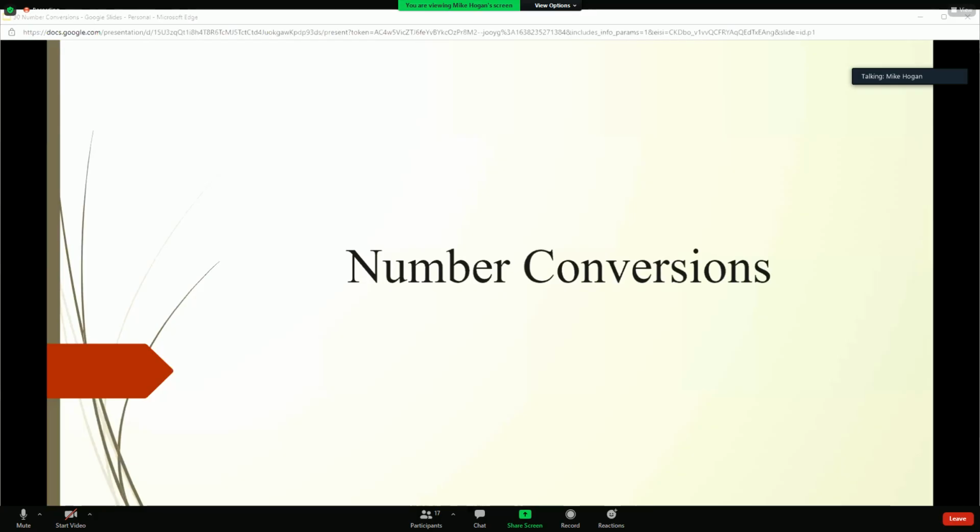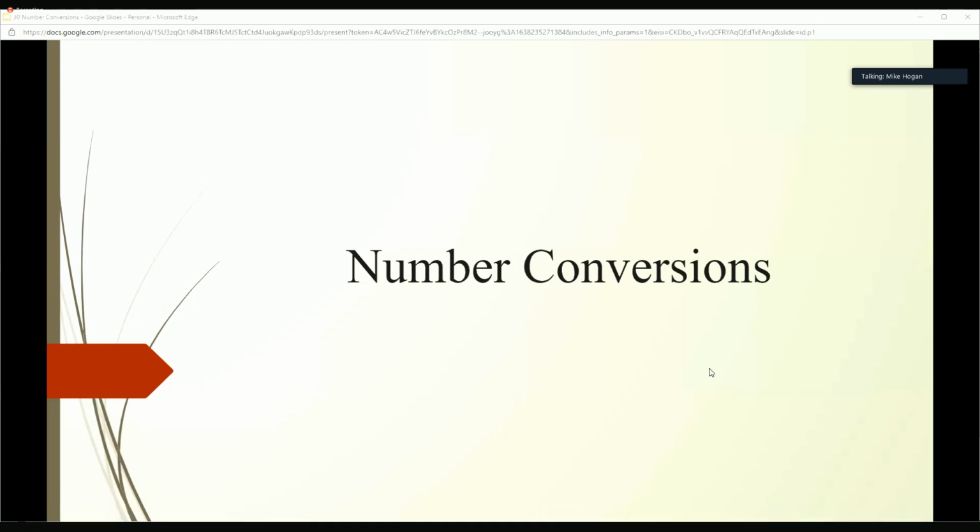Now, some of the stuff we're going to talk about in terms of number conversions, the good thing is we already know a lot of it. Even if we don't know binary or hex or decimal, we already know a lot of it because we're so used to working with base 10, right?